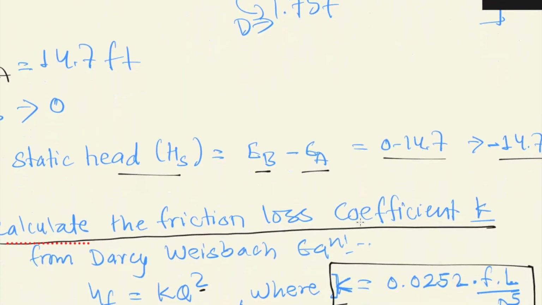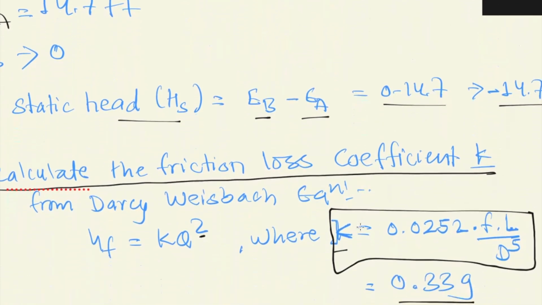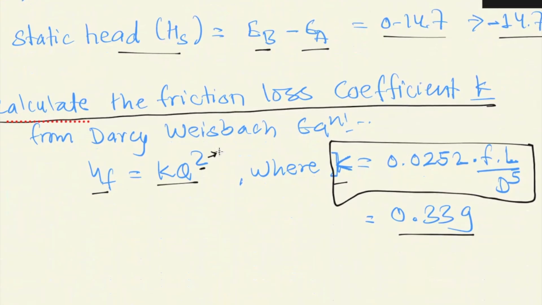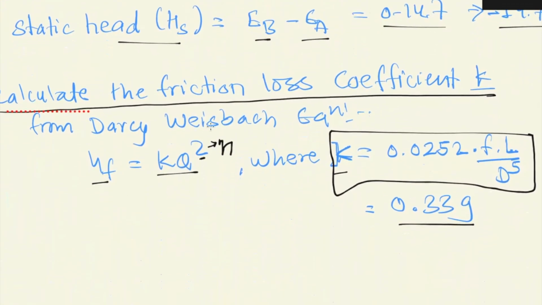Now let us compute the frictional loss coefficient K. From the Darcy-Weisbach equation, HF is equal to K times Q to the power 2. This is like M, but I have already directly used 2 instead of M, and our value of K is 0.0252 times F times L divided by D to the power 5.